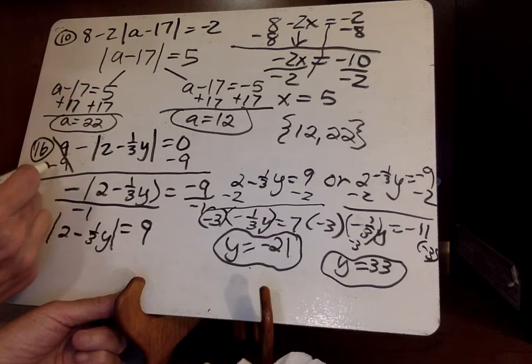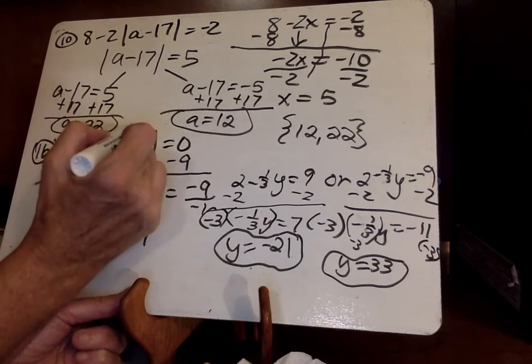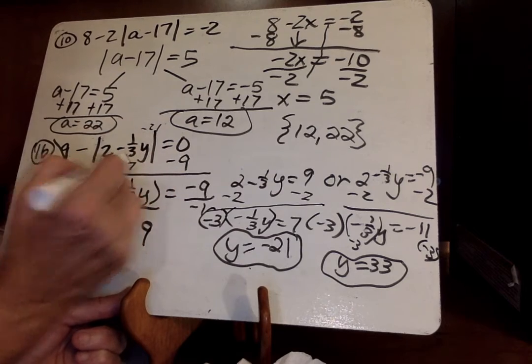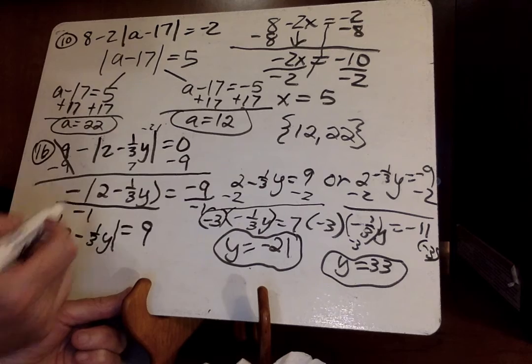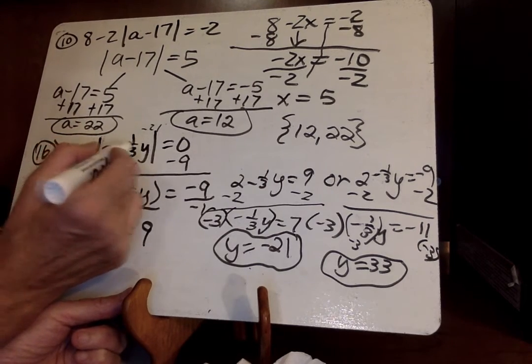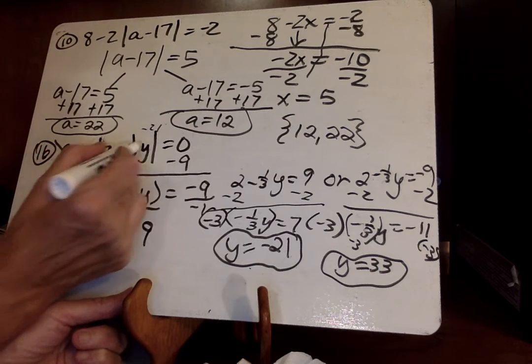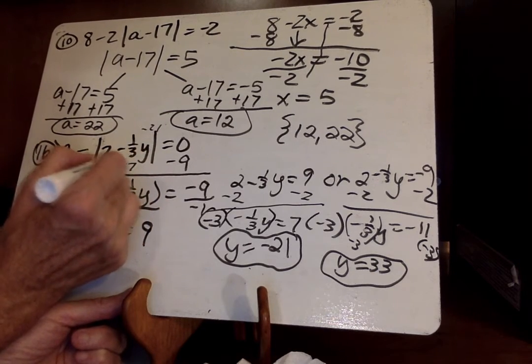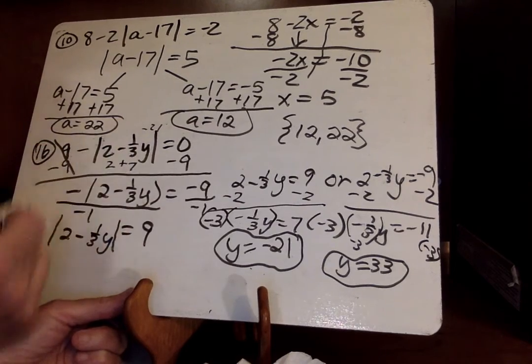I want to go back to the original equation and say 9 minus, if I put negative 21 in there, that equals 7. So 2 plus 7 is 9, because this becomes a positive, because negative 1/3 times negative 21 is positive 7. So 2 plus 7 is 9, absolute value, 9 minus 9 is equal to 0.